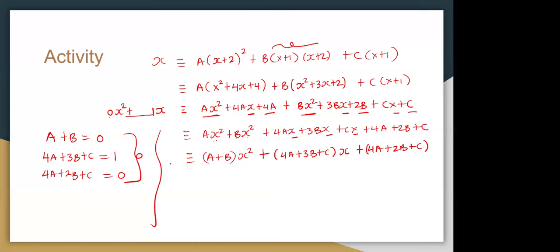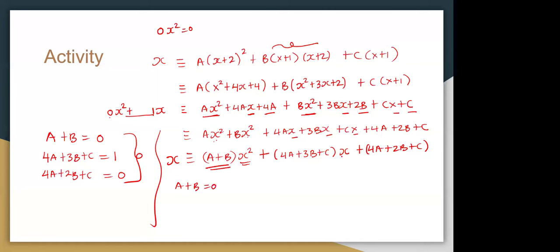Now, on this side, I have only x. There is nothing with x squared, meaning that its coefficient was 0, because we know 0 times x squared is 0. So we don't need to write it there. So I'll get this coefficient, I equate to 0.